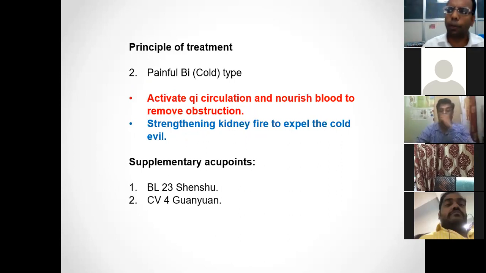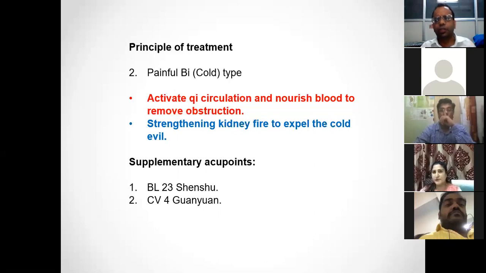Here the points are selected as per the disease of the patient. If the wind is very high, you have to select Feng Chi and others. So in the coming slides, you will understand which points we have to select and which points we need not select.